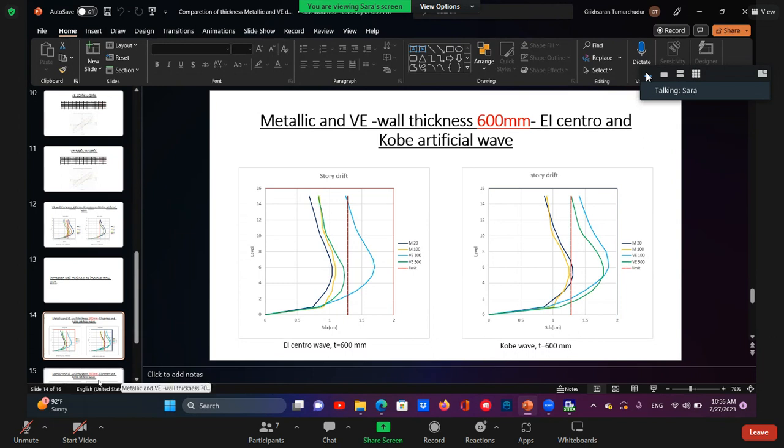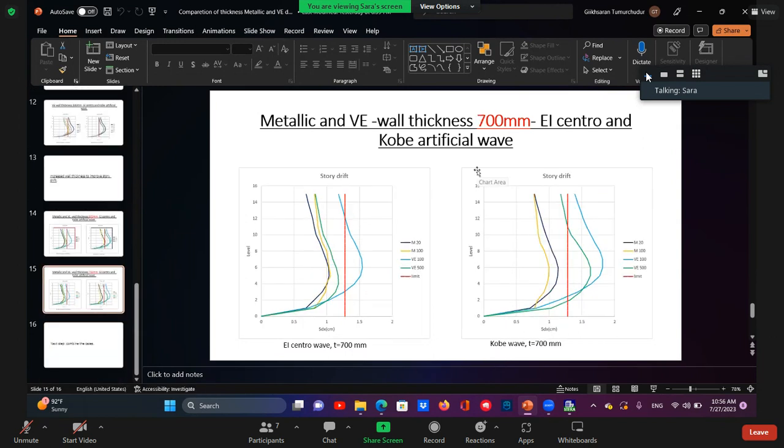So I also decided to increase the wall thickness to 700 millimeter, and under the central wave, viscoelastic 100% is still not good, but under the copy wave, viscoelastic 100 and viscoelastic 500 are not good.